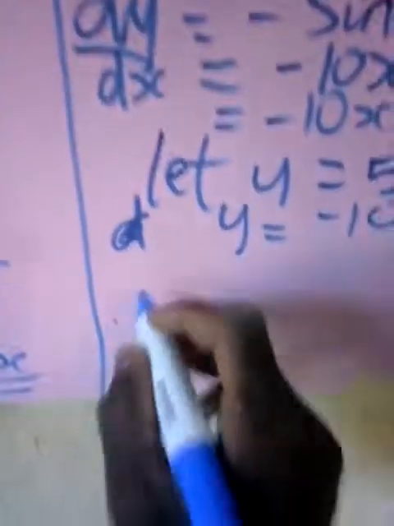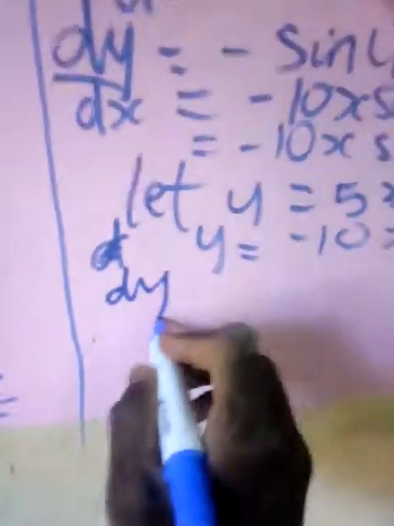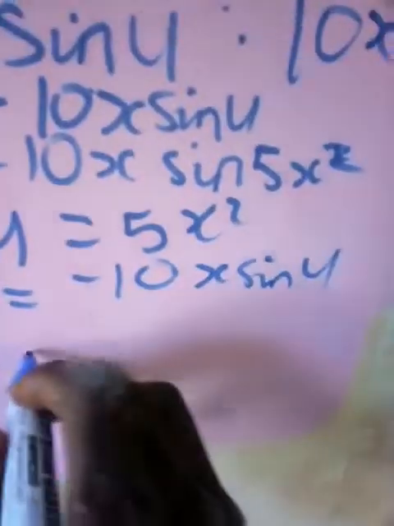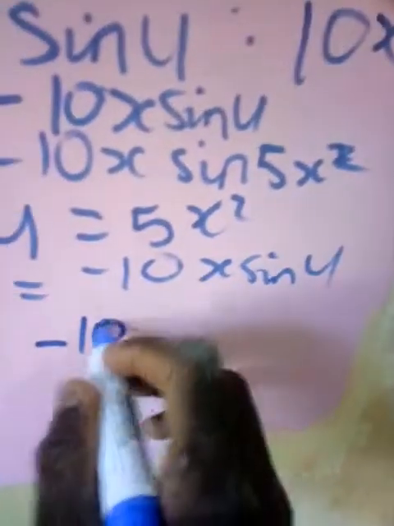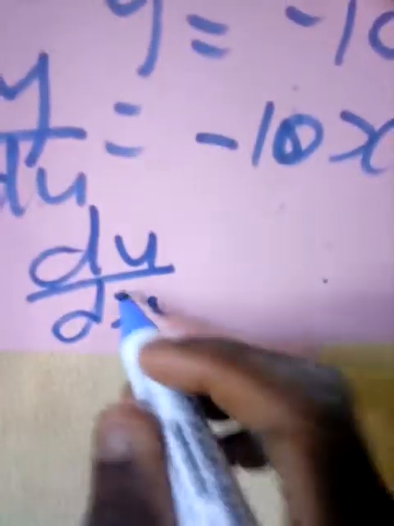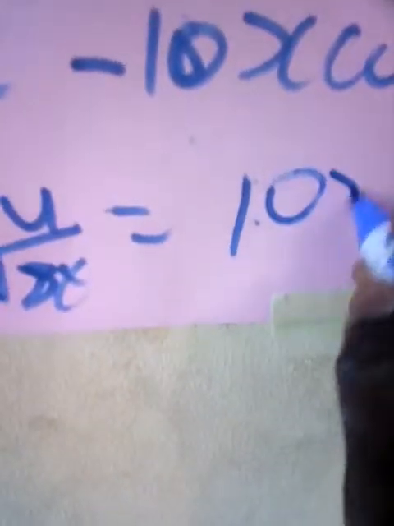Then my dy/du is going to give me minus 10x cos u. That's the differential of that. Then my du/dx will give me 10x.